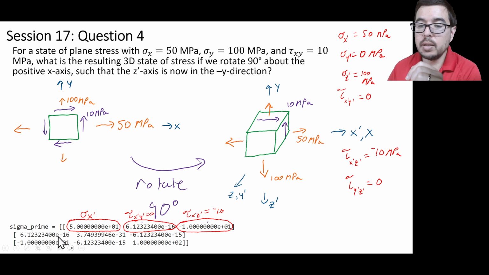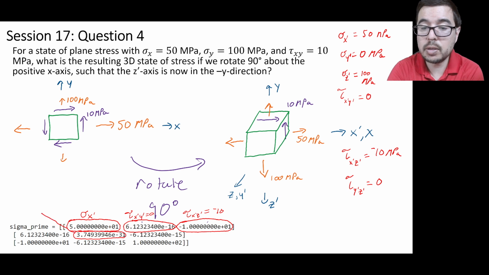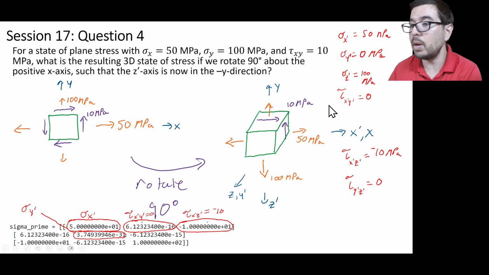And then this off-diagonal term is the same as tau x prime y prime. Okay, look at this, 10 to the minus 31. This is going to be for sigma y prime. We said it was 0, so that checks out nicely.